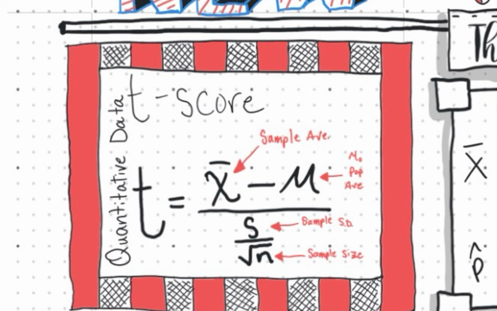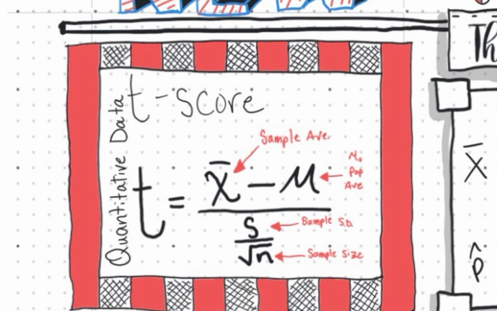If you look at the bottom of the fraction here, the s over the square root of n, last time you saw this, it was sigma over the square root of n, which is the official standard deviation of the sampling distribution, right? And we had that formula on the board. SD of x bar equals sigma over the square root of n. It's the same formula, but instead of using sigma, we're using s, right?